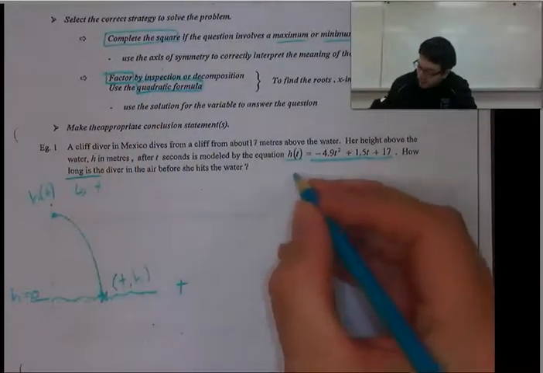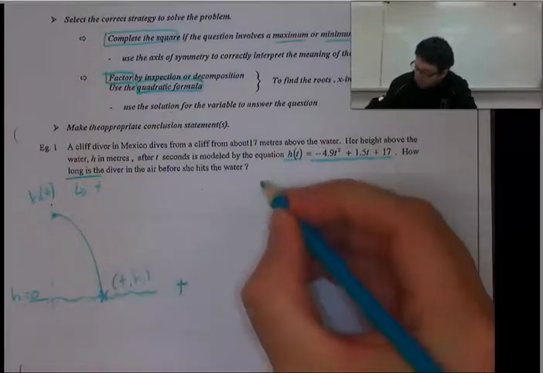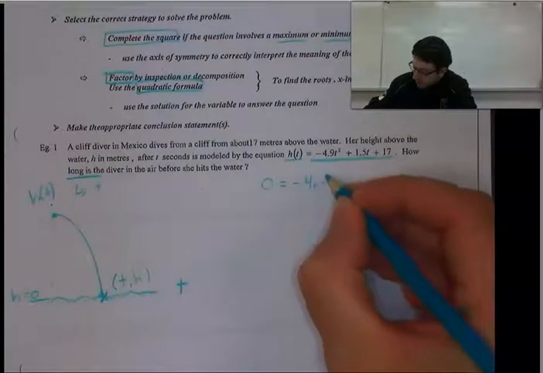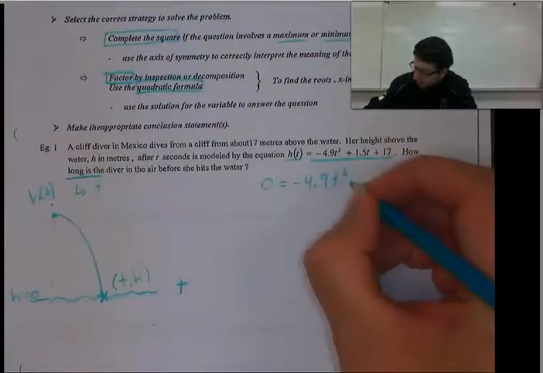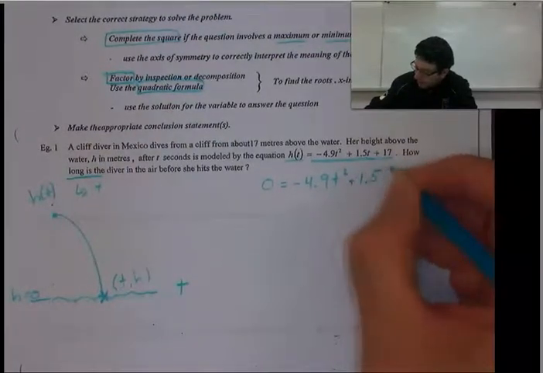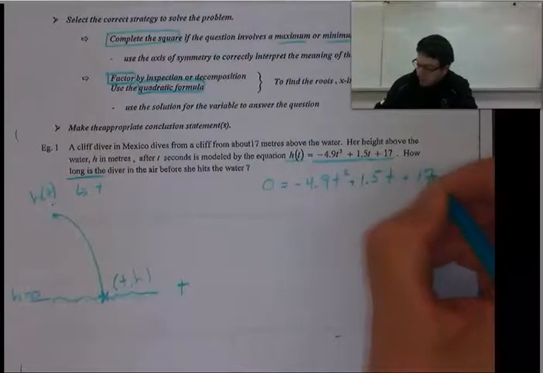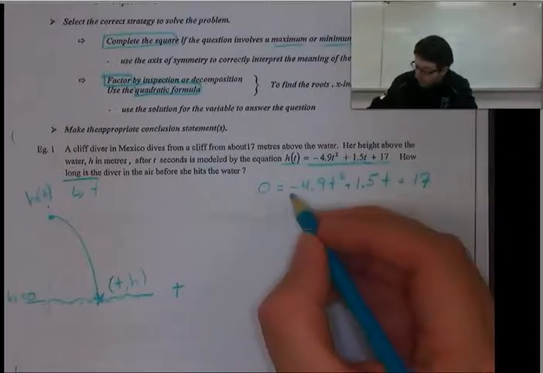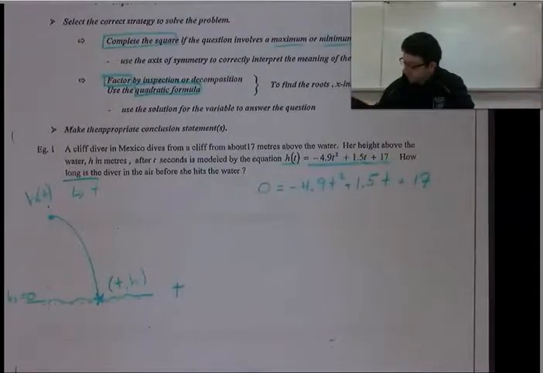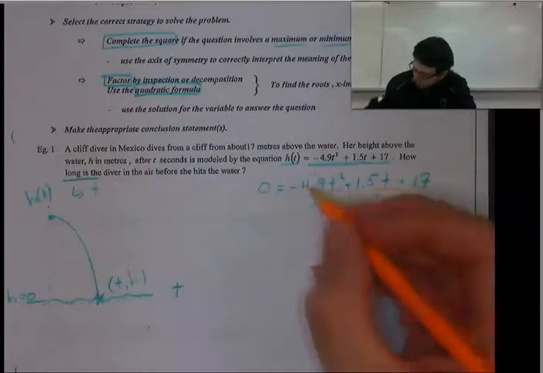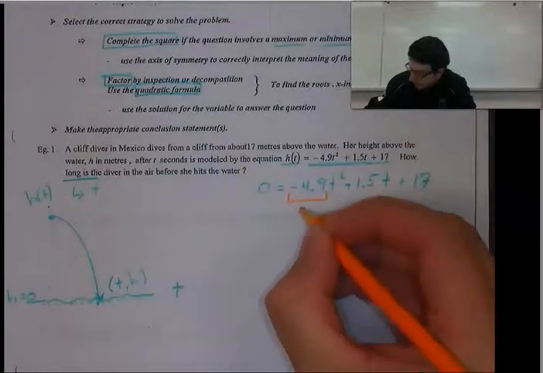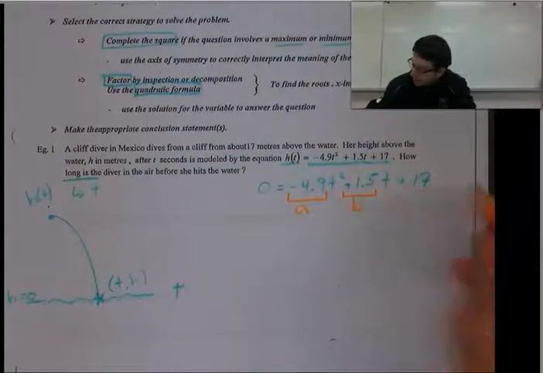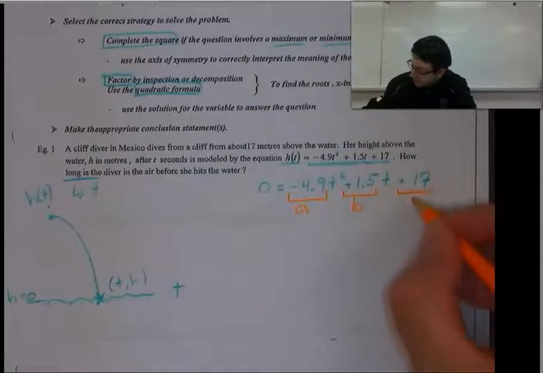So I set this equal to 0, because that's where height will be, equals minus 4.9 t squared plus 1.5 t plus 17. So here is our A, sorry, coefficient, not variable. Here's our B coefficient, and here's our C coefficient.